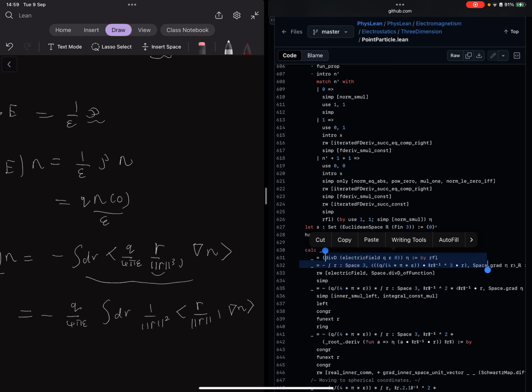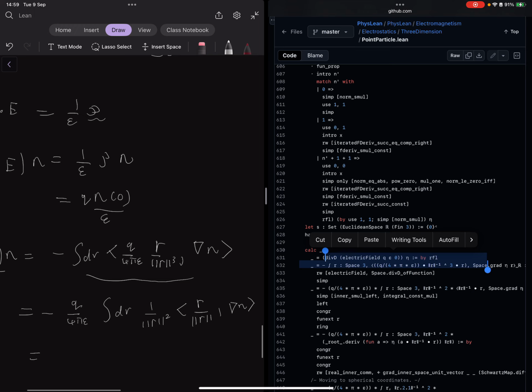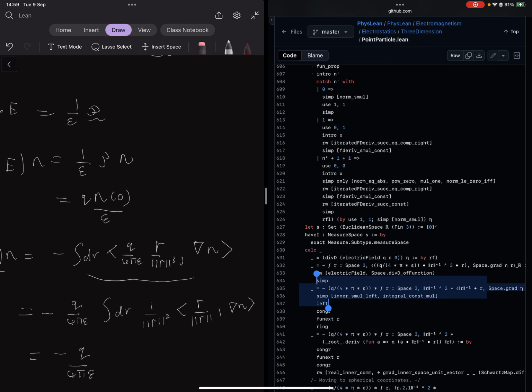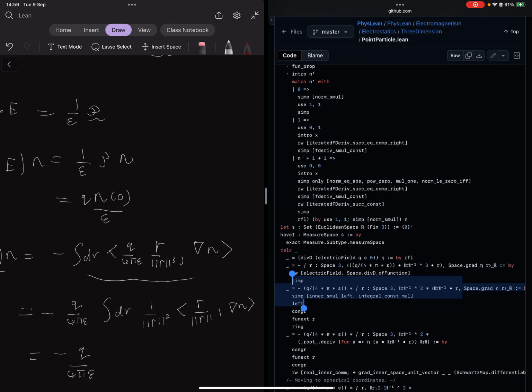Basically we pulled 2 of the r cubes here out, and we pulled this coefficient out of the integral to get this line here. And then, oops, actually, no, I jumped a bit forward. We're now looking at this line here.